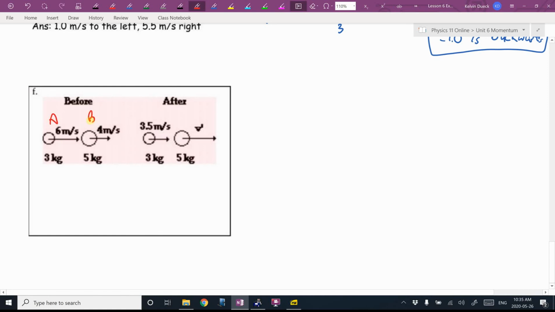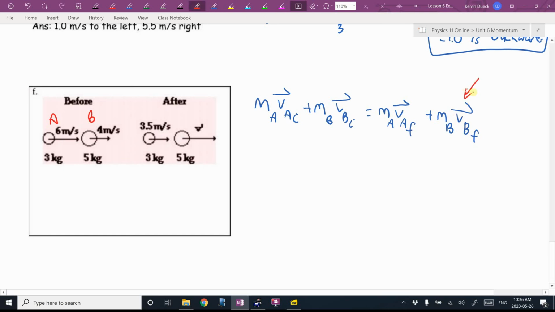Mass A, mass B. Mass A, velocity A initial, plus mass B, velocity B initial, equals mass A, velocity A final, plus mass B, velocity B final. And it looks like we're trying to get that by itself.